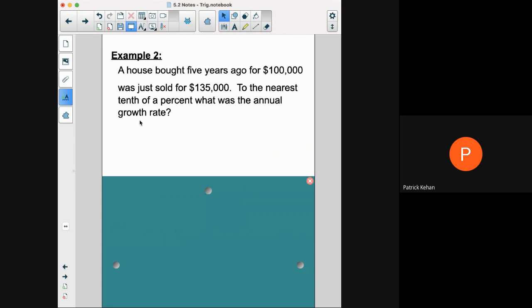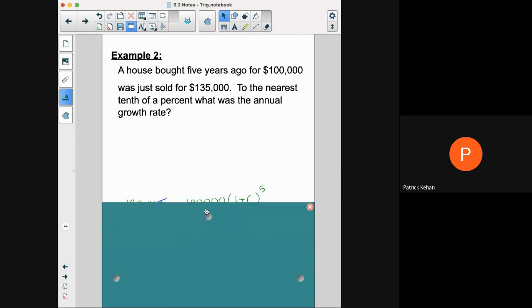And again, we have to identify some critical values here, right? So this is an exponential growth, where we're going to use the growth formula. And I know it's a growth because the house was bought 5 years ago and now it's $135,000.